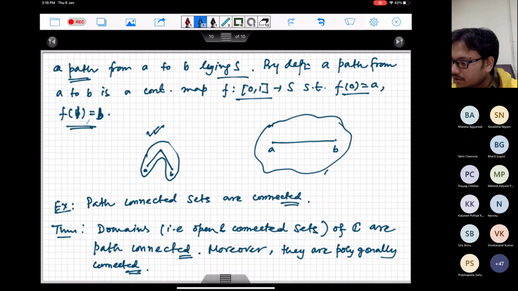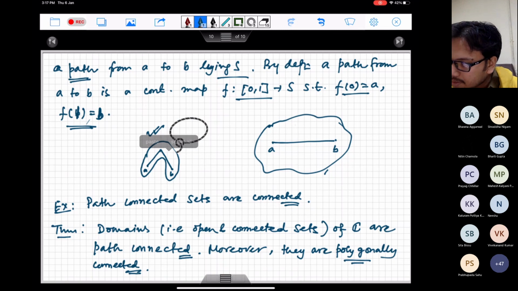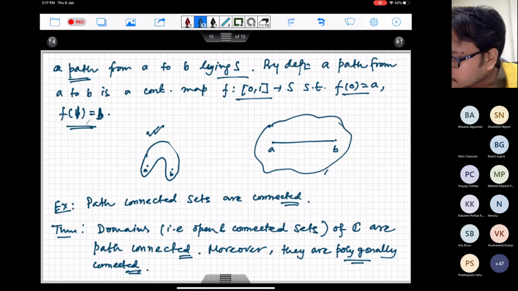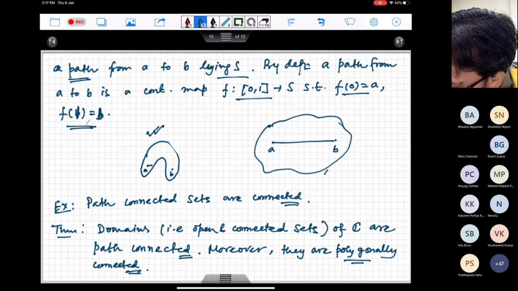So in fact you are going to have that domains are polygonally connected, and even something much more than that. I can even have something better. I don't even need general polygonal paths. I will always be able to find paths which go either in the horizontal direction or in the vertical direction.